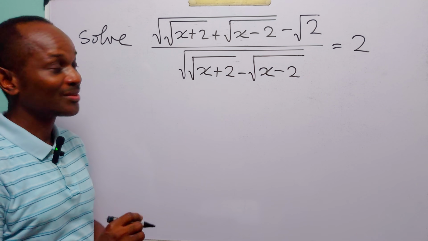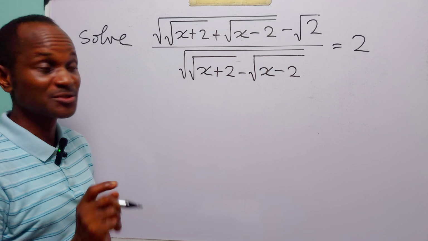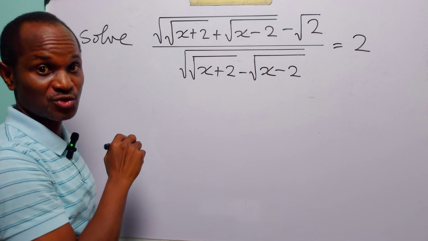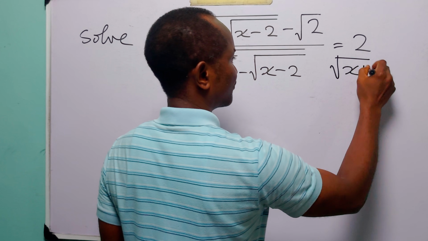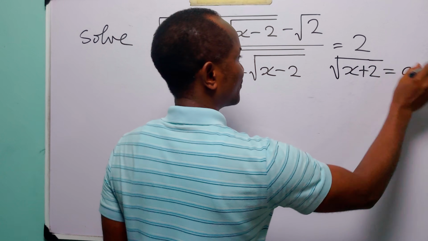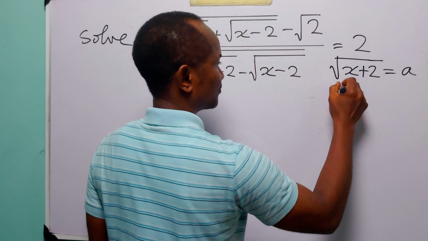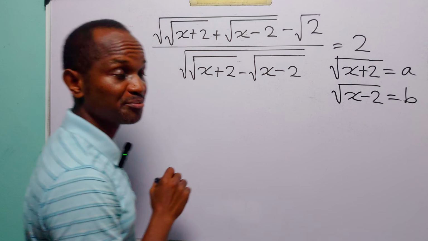Hello and welcome. To solve this equation for real values of x, let us start with some substitutions. Let the square root of x plus 2 be equal to a, and let the square root of x minus 2 be equal to b.